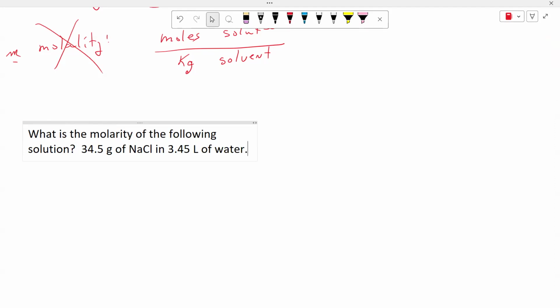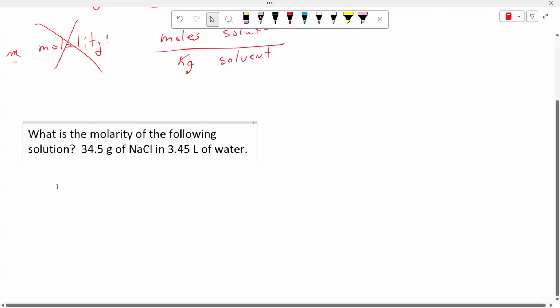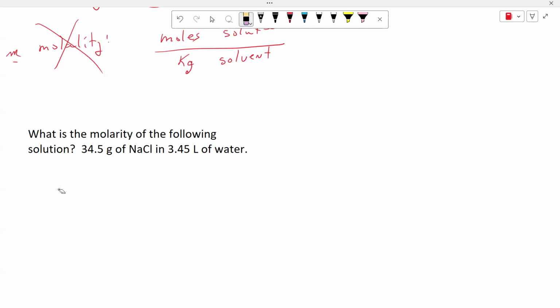And from now on, the solvent is always going to be water. Okay, so definition of molarity. Molarity then is moles per liter, and that's per 1 liter. Okay, well, we don't have moles, we have grams. So what do you have to do? We have to convert the grams to moles.